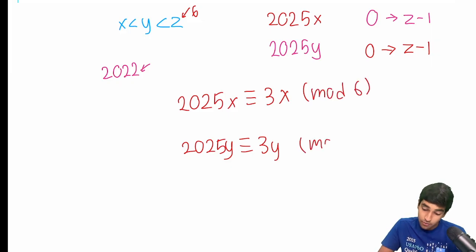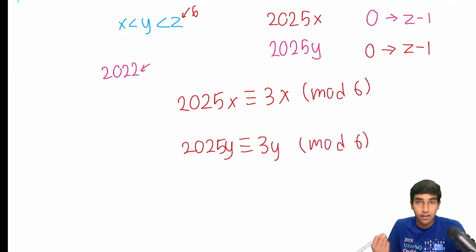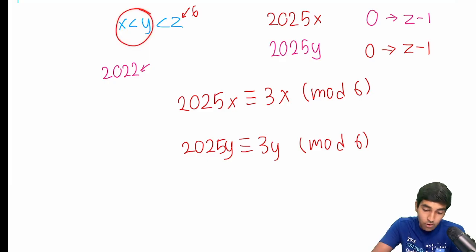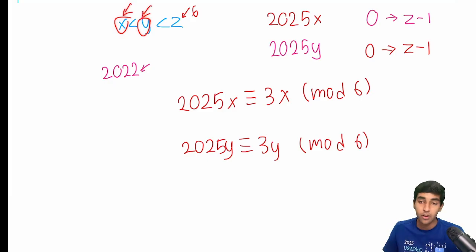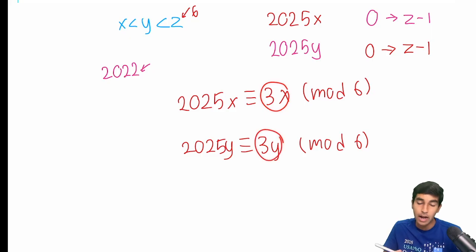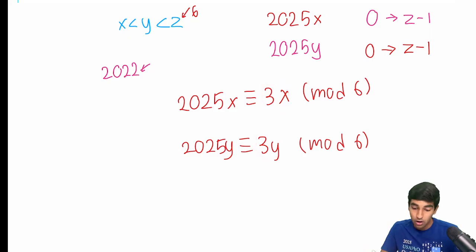So is it true, for example, when z equals 6, that for any x and y less than 6, where x is less than y and they're both non-negative, the remainder when 3x and 3y are divided by 6, the remainder of 3x is less than that of 3y? Well, let's see.